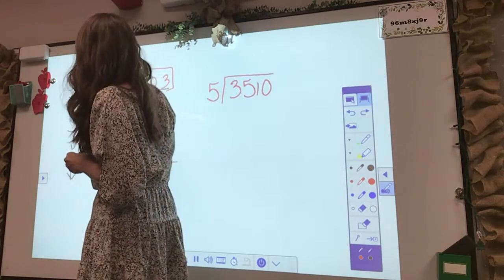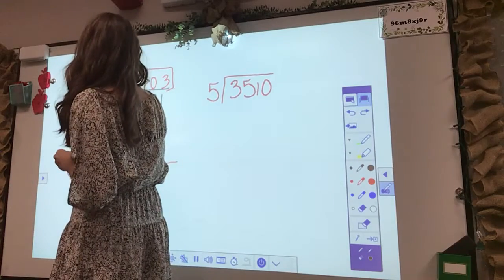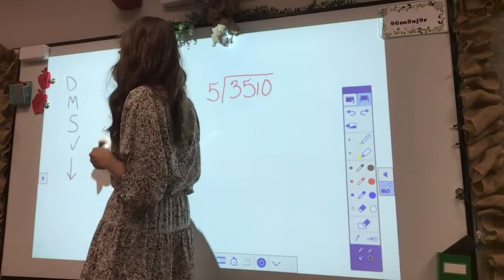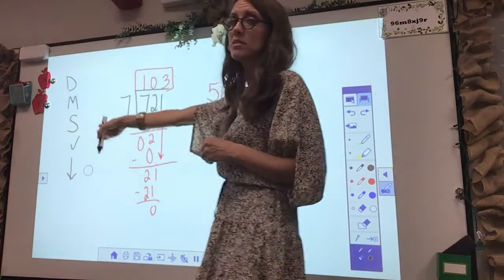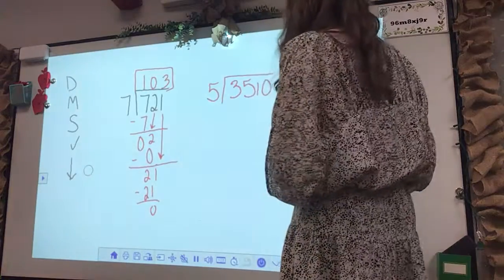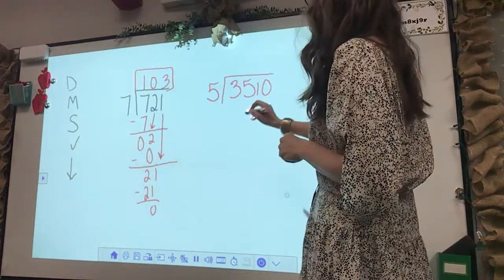Let's try to get rid of all of our check marks because we're going to use that one more time. Eventually you won't need to use that, but it's nice when you're starting out so that you can make sure that you're doing the right step at the right time.